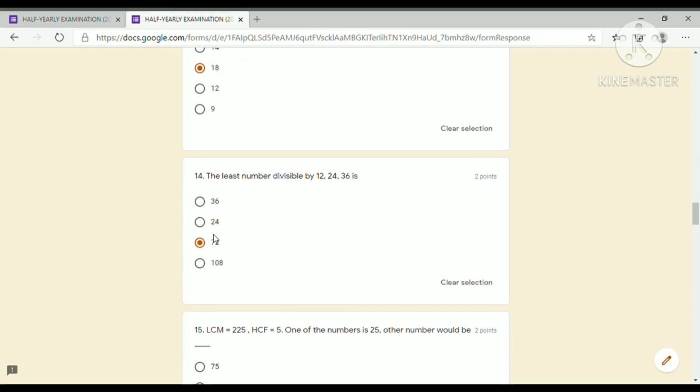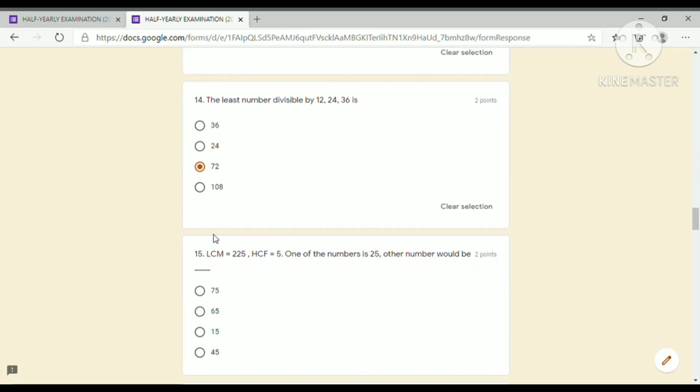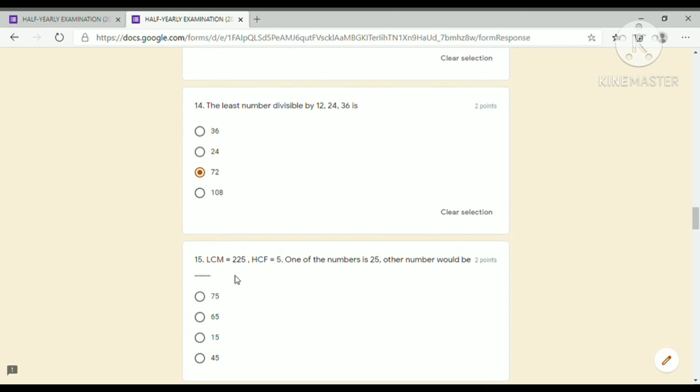Okay. Now the next question, we have to use the relationship between LCM and HCF. Here LCM is given as 225, HCF is given as 5. One of the numbers is 25, the other number would be dash. Now use the relationship between LCM and HCF.